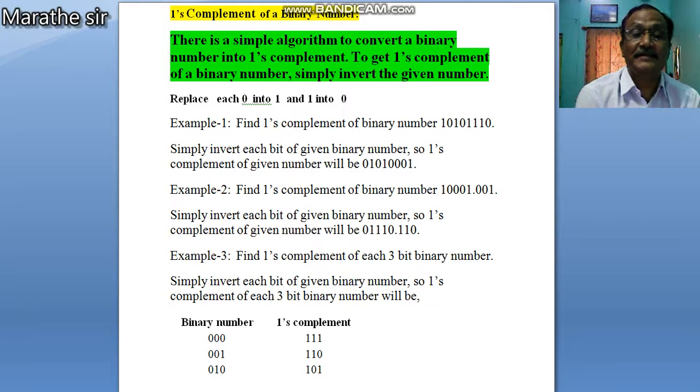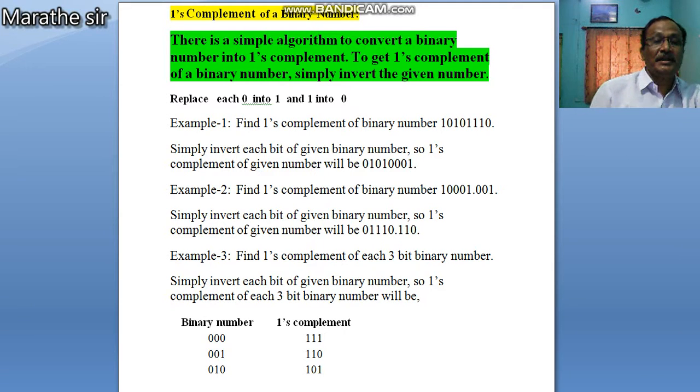Replace each 0 with 1 and each 1 with 0. Here, some examples are shown that find the one's complement of a binary number 10101110.